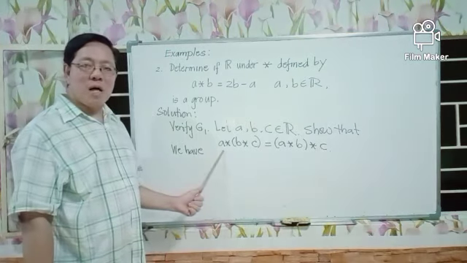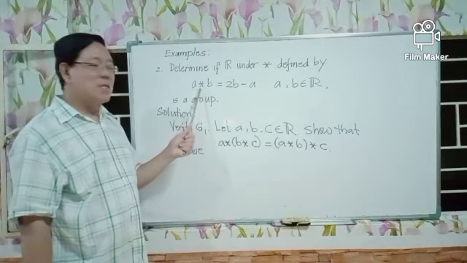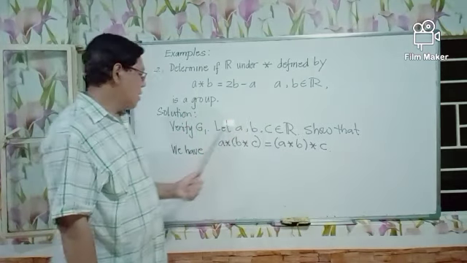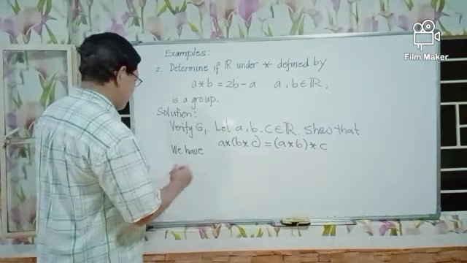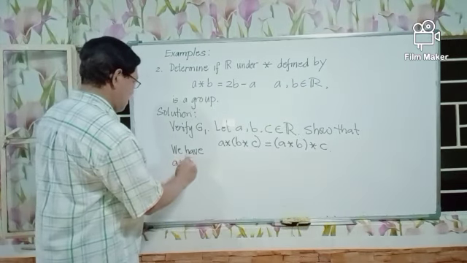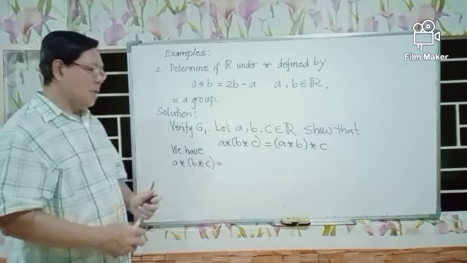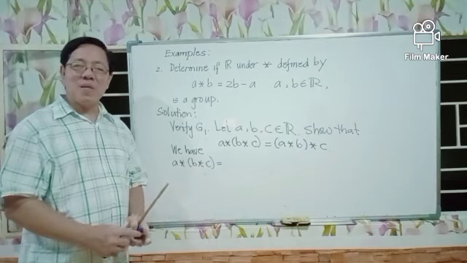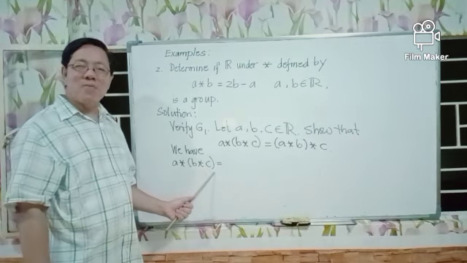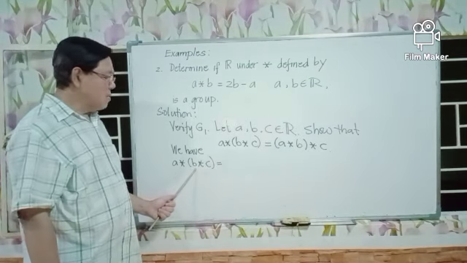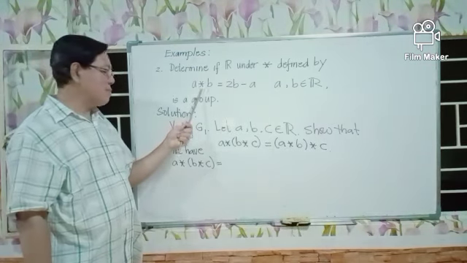And we start calculating the value of the left-hand side using the binary operation star defined by this formula. We start from the left. Now, to combine a, b, c using the binary operation star, at the left-hand side, we first find the value of b star c using this binary operation defined by this formula.